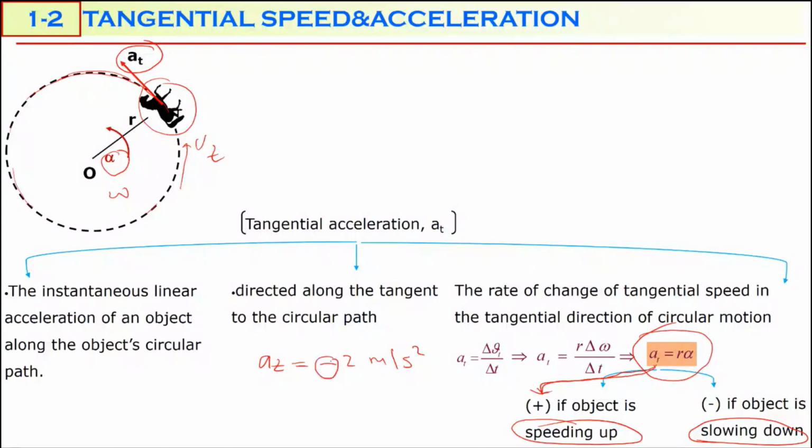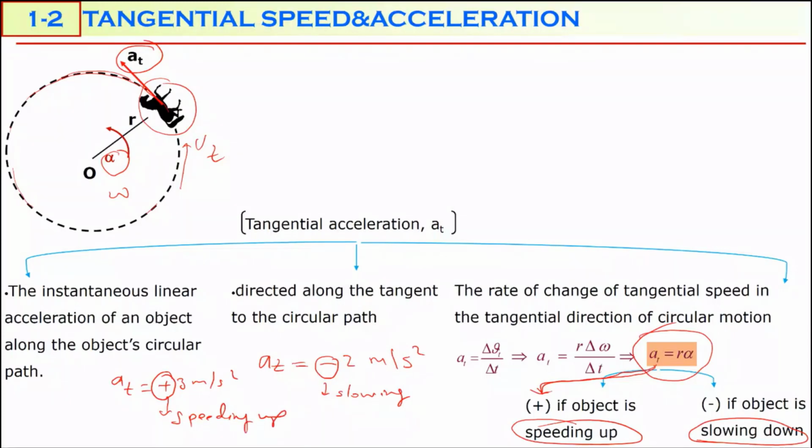Because this is negative, final speed is smaller than initial speed, so it is slowing down. But if tangential acceleration is, for example, positive 3 meters per second squared, final speed must be greater than initial speed, so the object is speeding up. So be careful about this.